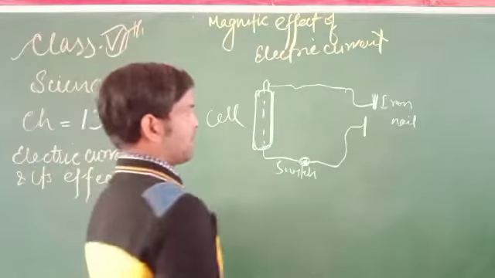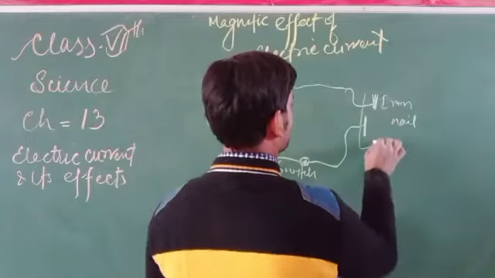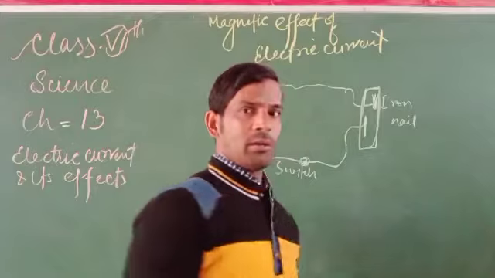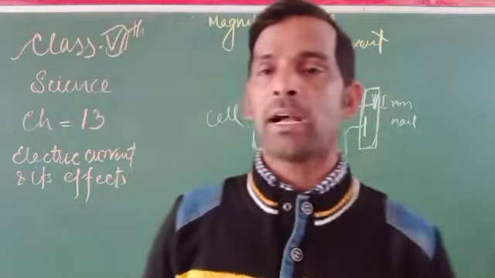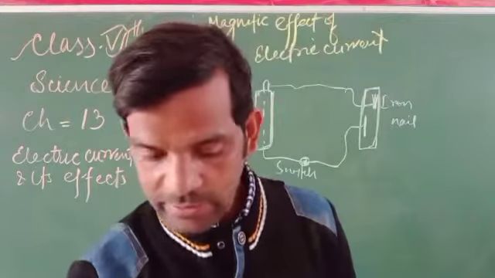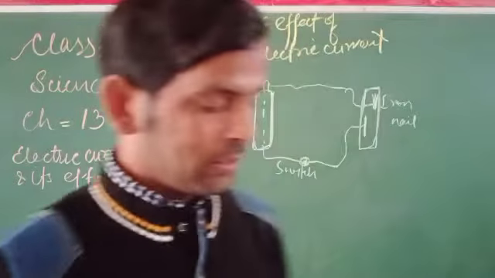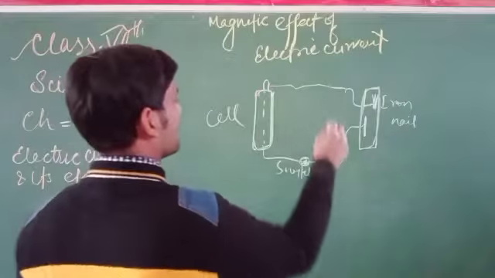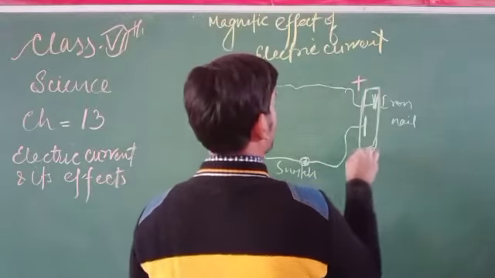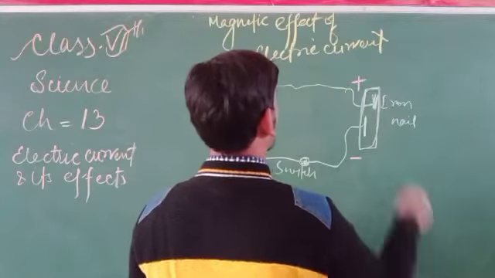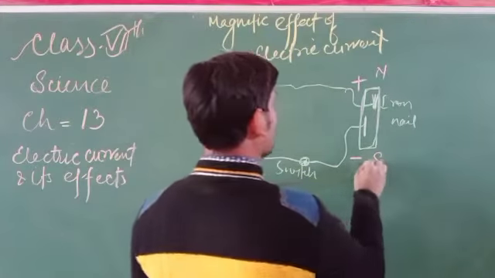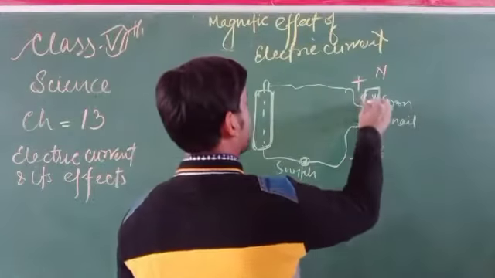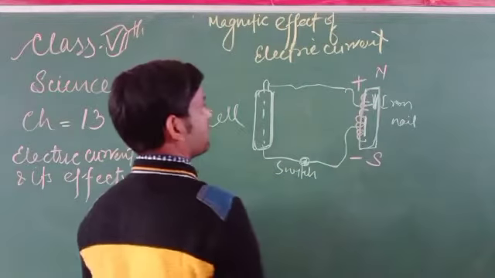What will happen after some time has passed? This can heat up. But when the electric supply continuously takes place, it behaves like a dipole, that means it has north and south poles as well, and it behaves like a magnet.